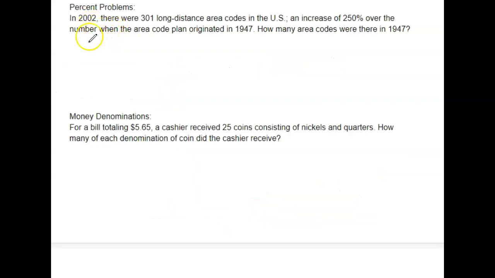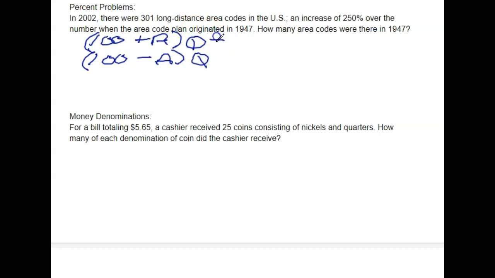Percent problems are always dealt with a percent increase. So 100% plus some other percent, or a decrease, 100% minus some other percent. And then it is multiplied always by the quantity. And then what happens is, after that happens, you get your new value.